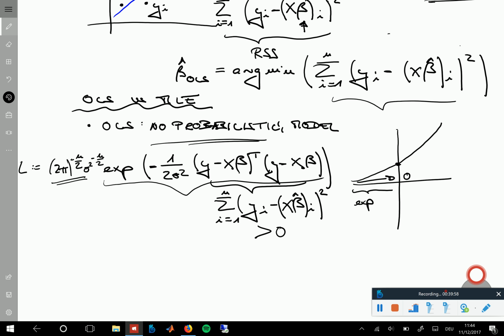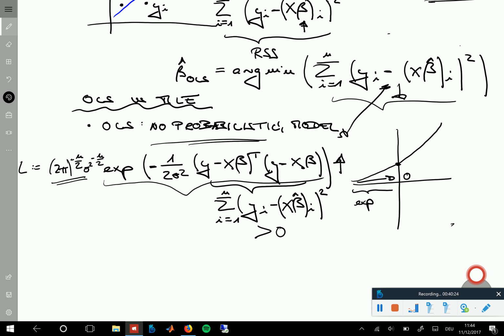And we cannot go below 0, because we will always have something negative in here. So by maximizing this thing, we are at the same time minimizing this thing.